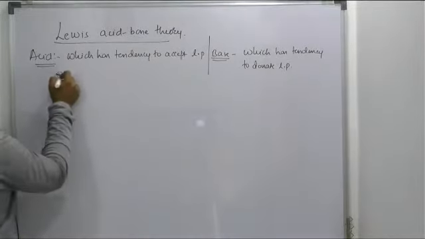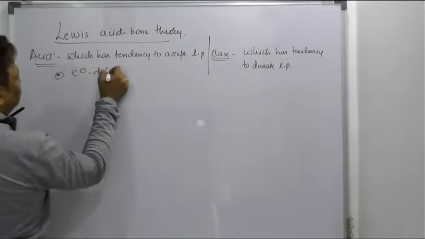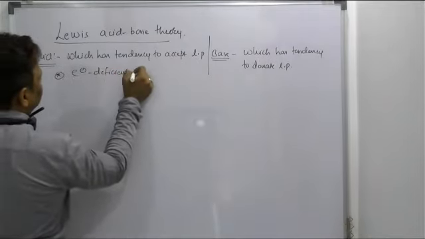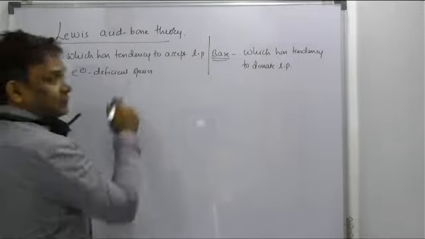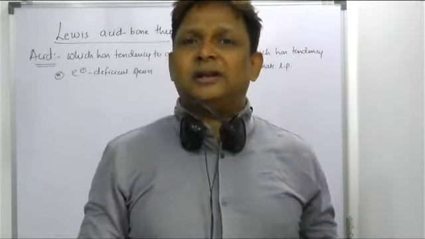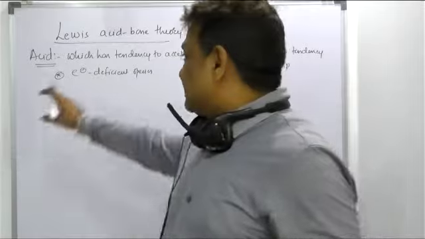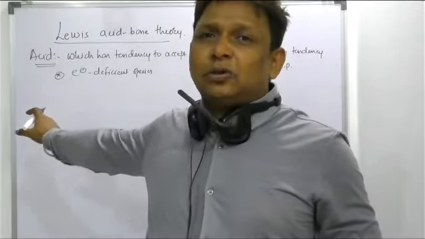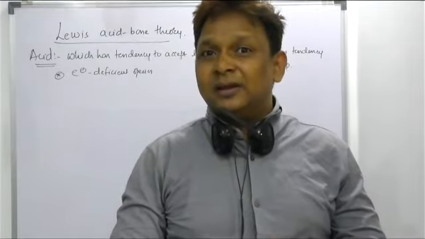If it has a tendency to accept a lone pair, this should be an electron deficient species. Why does this compound have a tendency to accept a lone pair? Because it is having a lack of electron. It wants electron from outside. That means it must have a vacant orbital, an incomplete orbital.